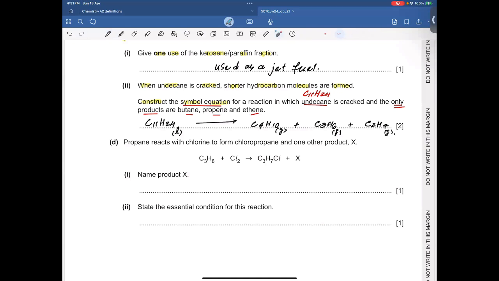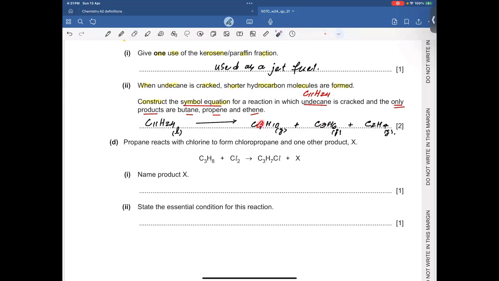Now we need to balance the number of carbon atoms and number of hydrogen atoms. Ethene has to be in the maximum amount, which is why I will put 3 here. Let's check. 3 times 2, 6. 6 plus 3, 9. 9 plus 4, 10, 11. Oh, ज़्यादा हो गई ये तो. So ये 3 नहीं आएगा इसका मतलब.